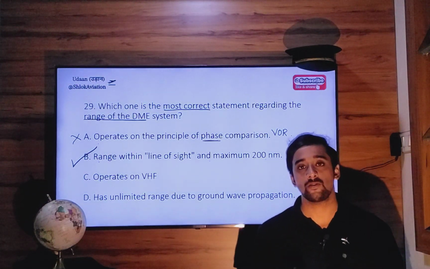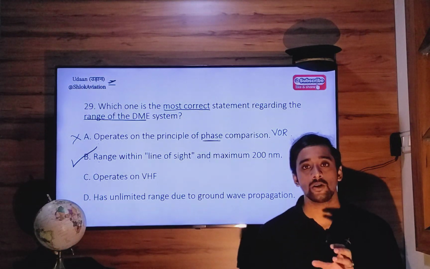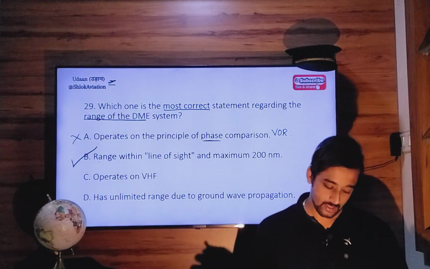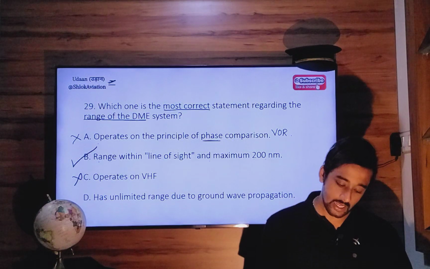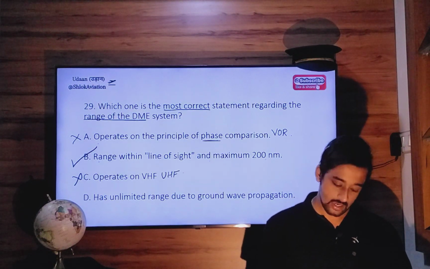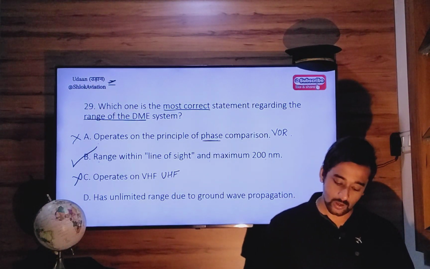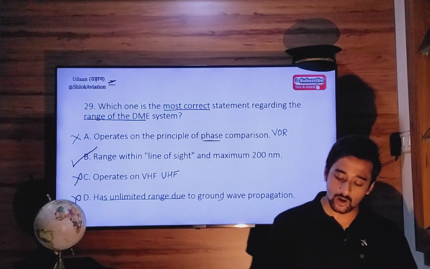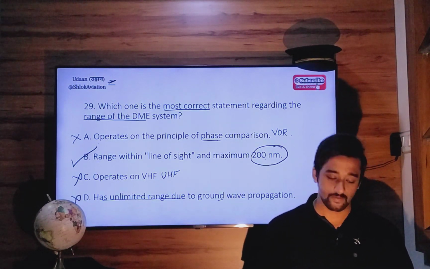Your aircraft must be within a particular altitude and range in order to achieve DME lock on. Operates on VHF, wrong. DME operates on UHF. Has unlimited range due to ground wave propagation, that is also wrong. It has a limited range of 200 miles maximum.